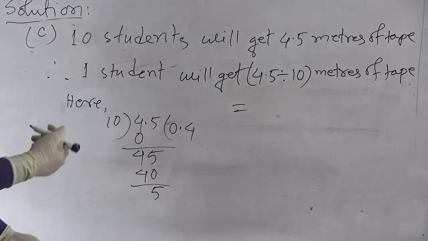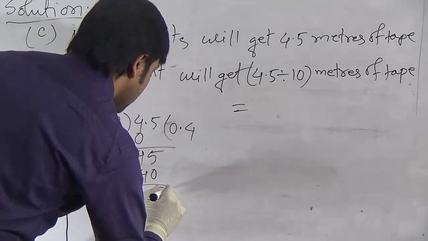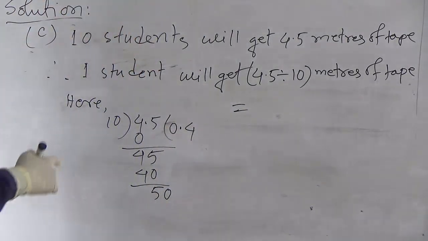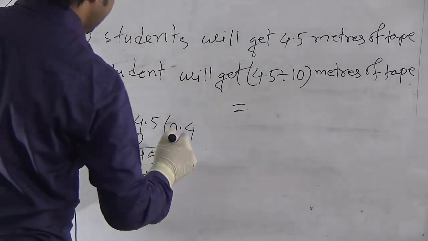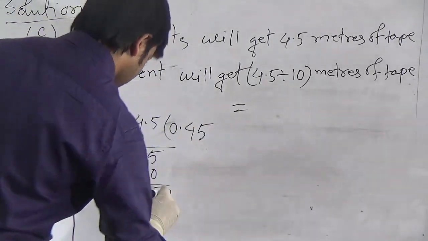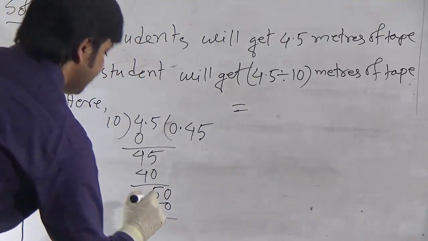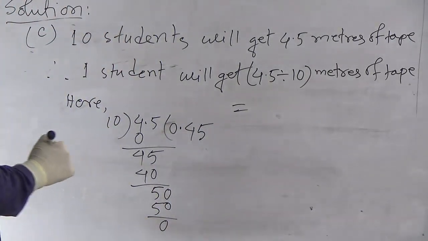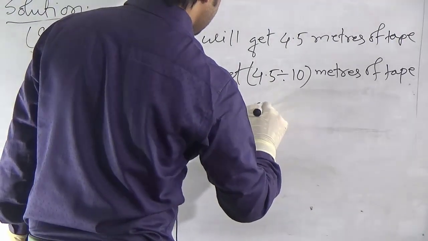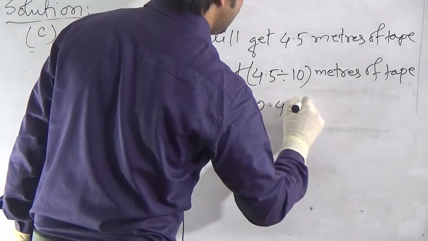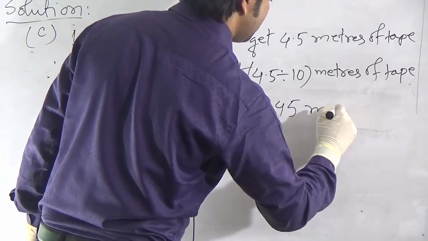As I have taken the decimal, we can take a 0 after 5. Now divide 50 by 10. It will go up to 5. So it will be 50. 5 tens are 50. If we subtract, here will be 0. So we can write here 0.45 meters of tape.